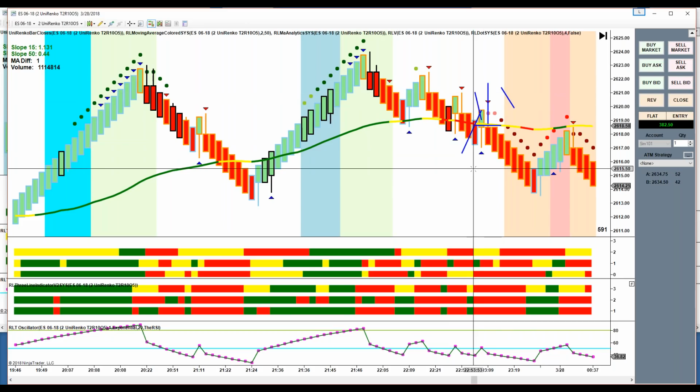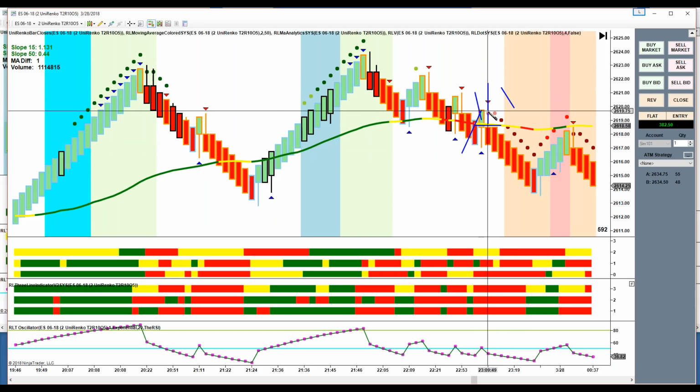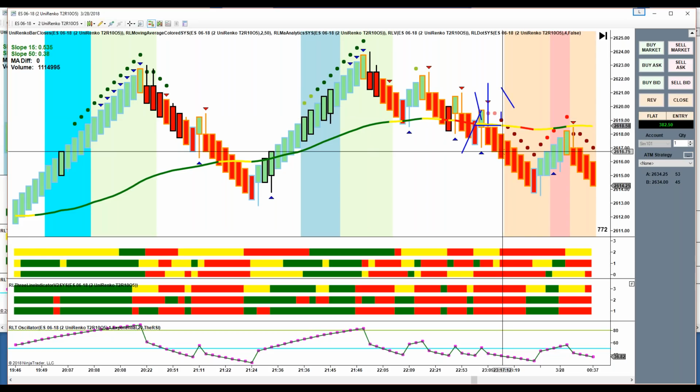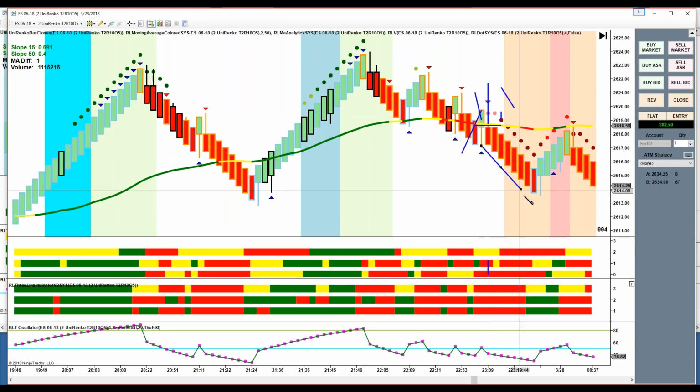It's turned red already on an up candle. You've got the dot. It's a weak dot. It's the lightest dot. But you've got the multi-time frame NASDAQ and Russell heading down. You see how the dot gets darker as the trade matures? You've got the intermediate. You've got the minor. And you've got a great trade right here.